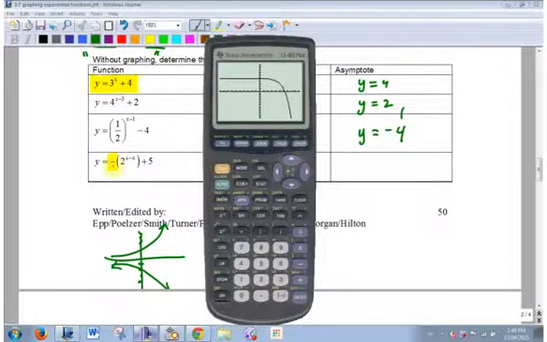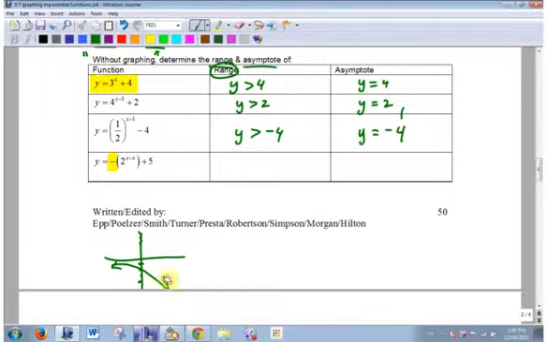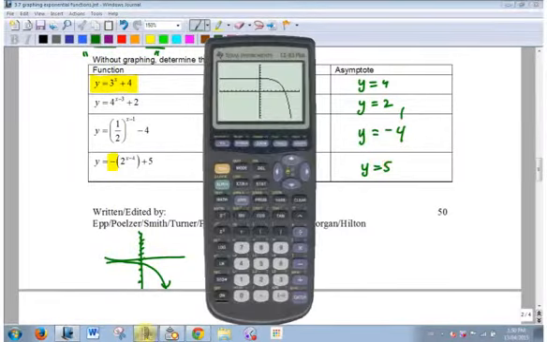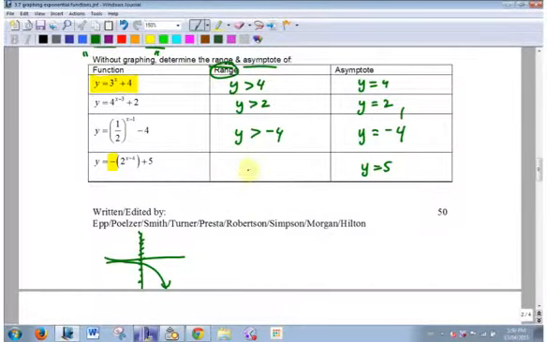Or, I taught you to do reflections first, then move it up by 5. So that's actually not totally correct, is it? Okay, so reflections, then move it up 5. Okay, 1, 2, 3, 4, 5. That's where the asymptote is. So this is all the values, though, not greater than, but less than 5.